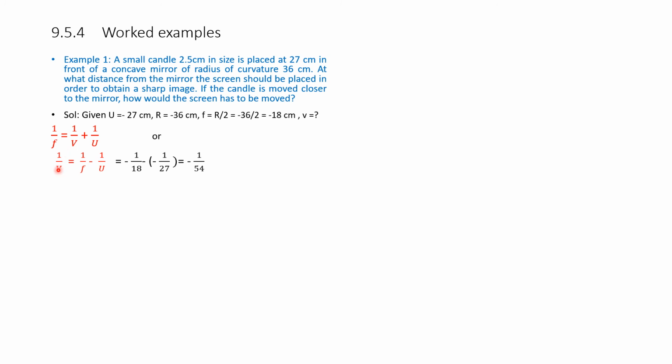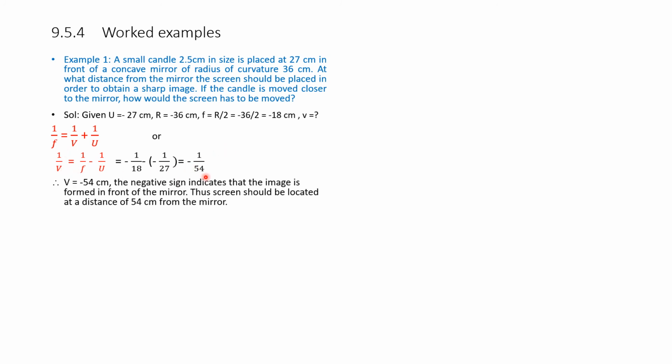Therefore, V is equal to minus 54. The negative sign indicates that the image is formed in front of the mirror. Thus, the screen should be located at a distance of 54 centimeters from the mirror.